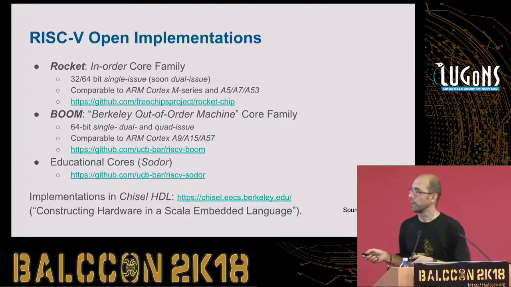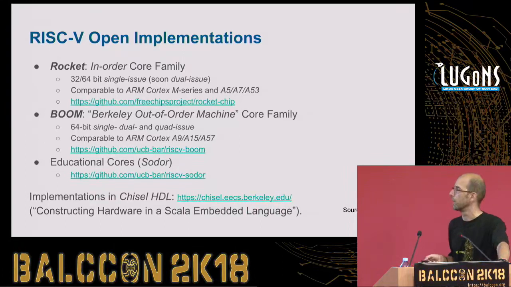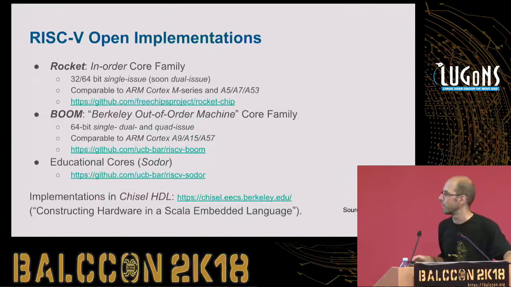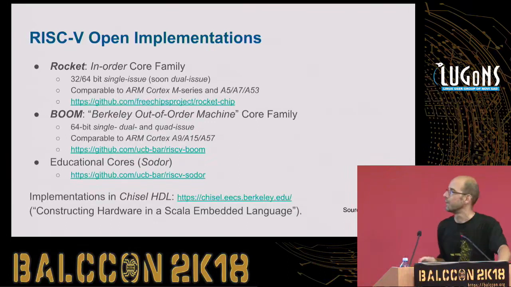Of course, there are many other cores, and these cores are implemented in a specially designed hardware design language called Chisel. Chisel is short for Constructing Hardware in a Scala Embedded Language, which was also designed at Berkeley University.